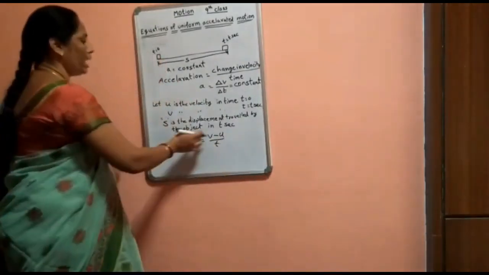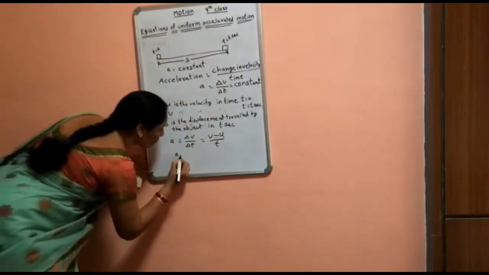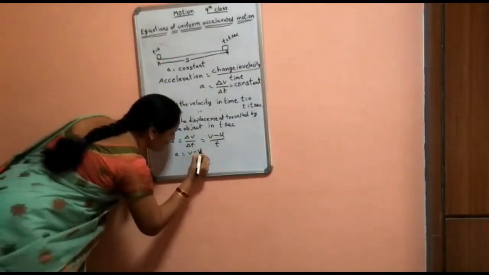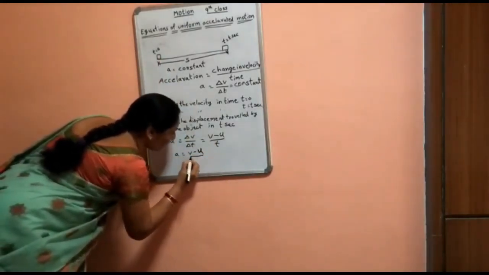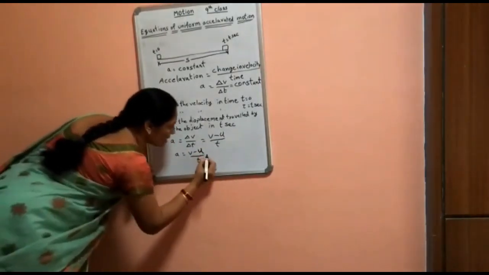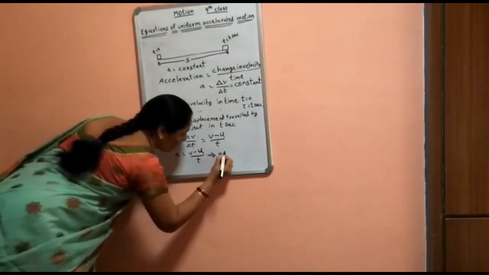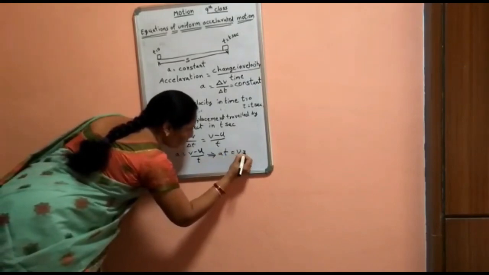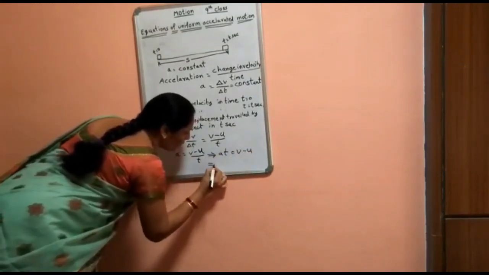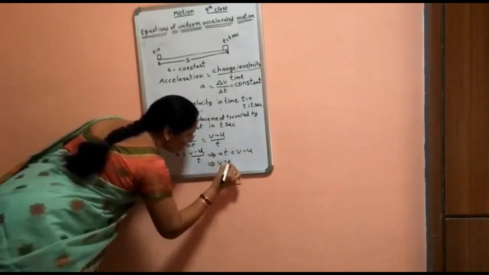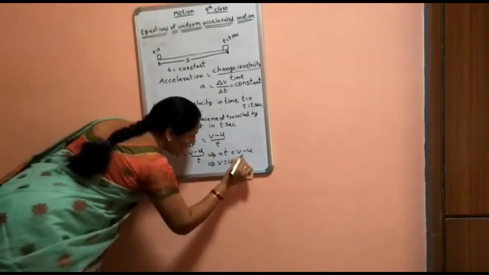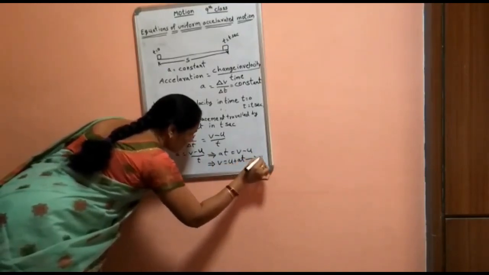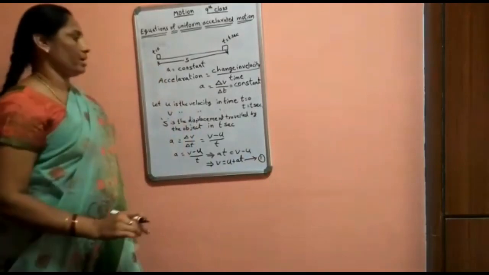So a is equal to v minus u by t. Call this equation number 1.